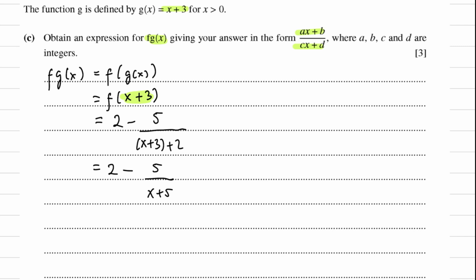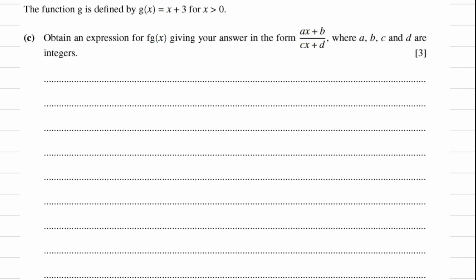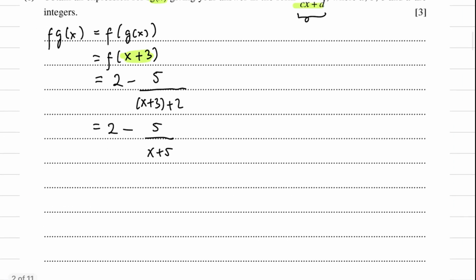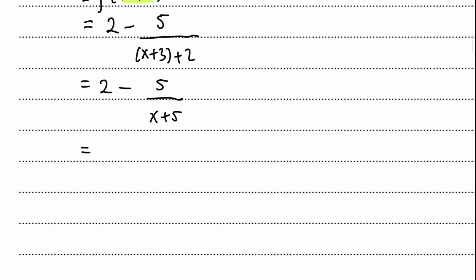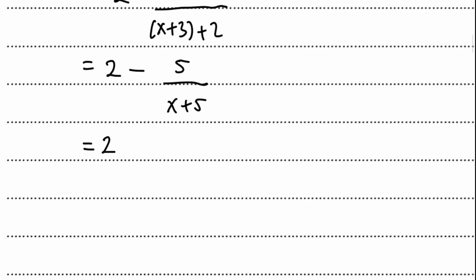Because we want to give our answer in this form, we have to make the denominators the same. 2, we multiply by (x plus 5) over (x plus 5), so that both terms have the same denominator and we can simplify it.